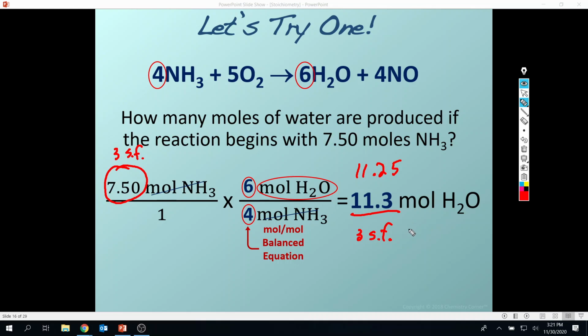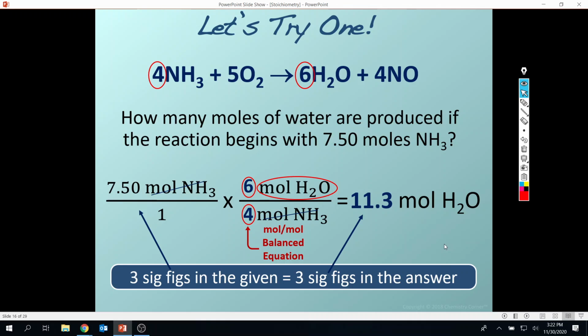I know. Hey, 11.3, still excellent work. And I dare say we've learned something. So 11.3 with our significant figures. Erase and bounce on. 3 sig figs in the given, 3 sig figs in the answer.